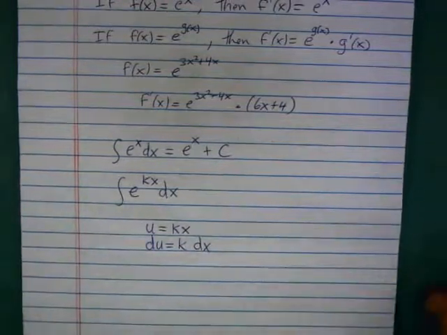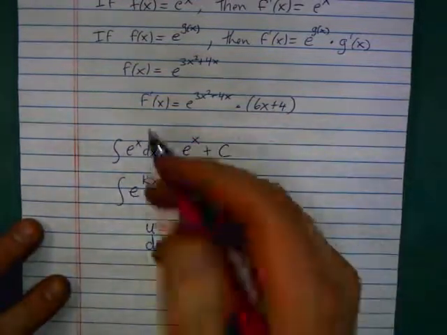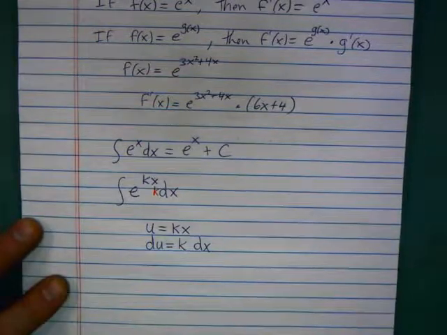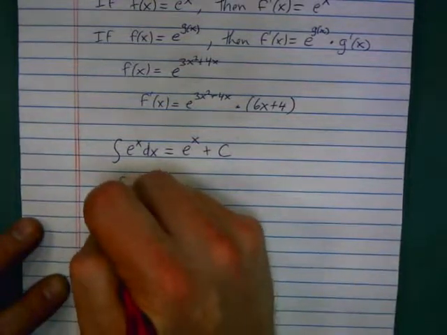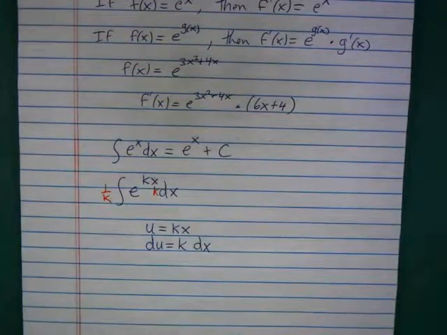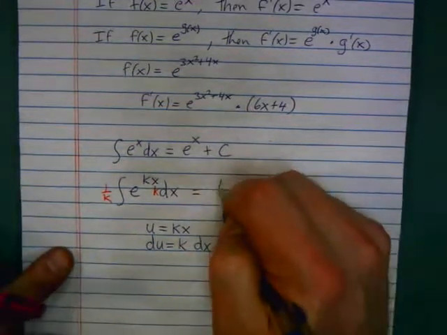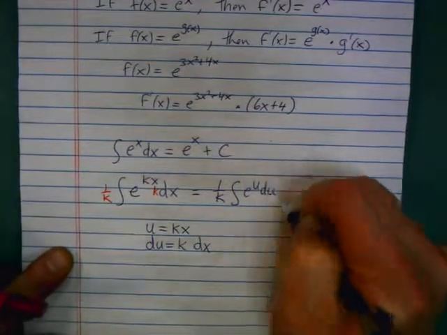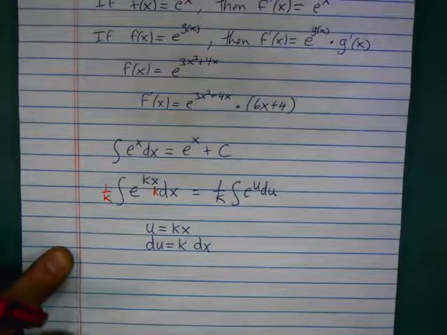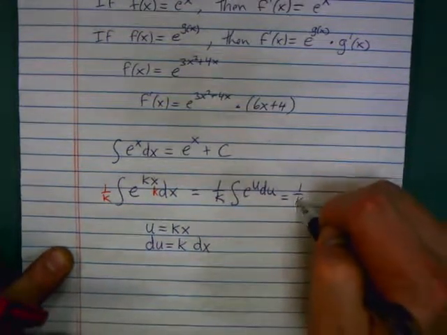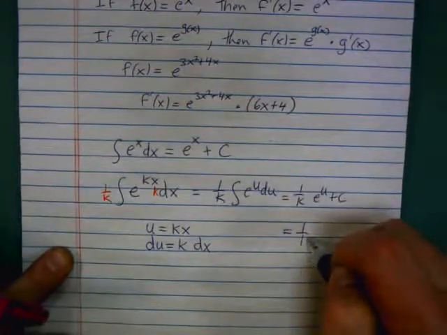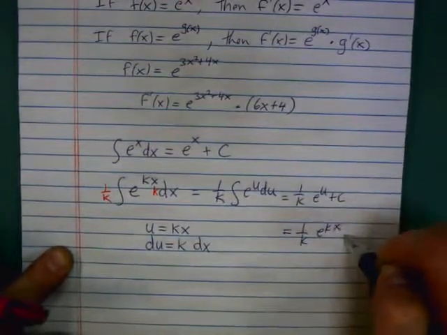So in order to use u substitution, I really need to sneak a little k right in there. But if I'm going to sneak a little k in there, I also have to put a k in front, or 1 over k. So this becomes the integral of 1 over k, integral e to the u du. But the integral of e to the u is e to the u. So this is 1 over k e to the u plus c. So you get 1 over k e to the kx plus c.